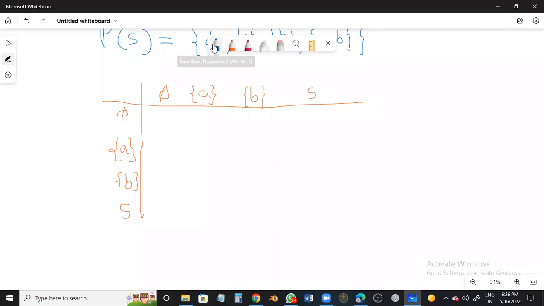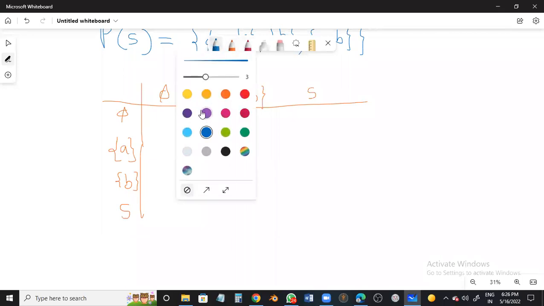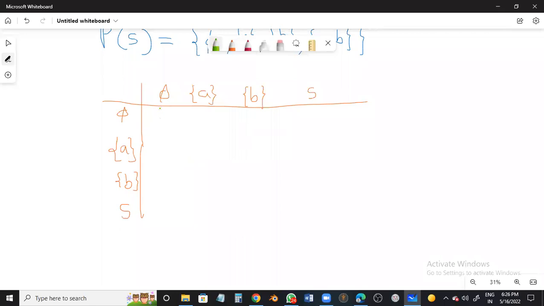Now you will help me in writing out phi plus any set. Phi plus phi is going to be phi because there is nothing in it. Phi plus singleton A is going to be singleton A, just now you saw. The same will work with singleton B, and the same is going to work with S. Have you got this concept?